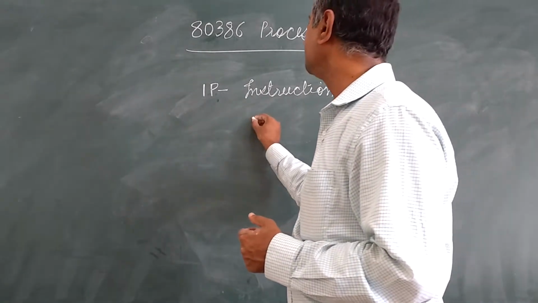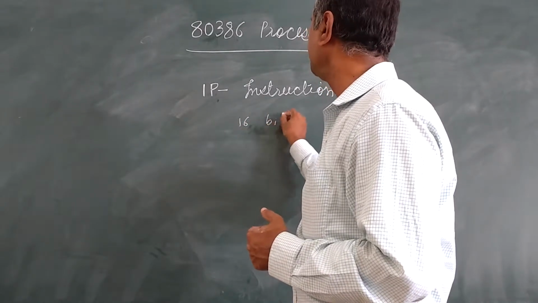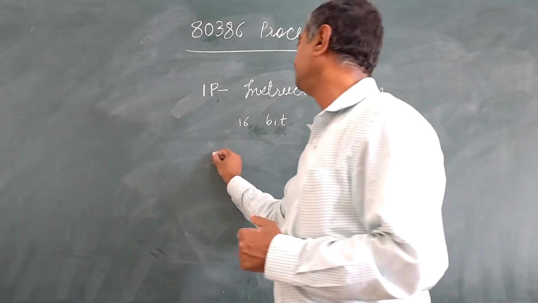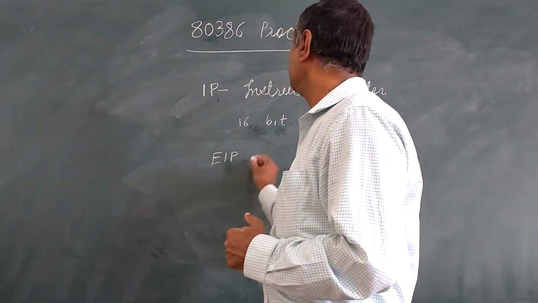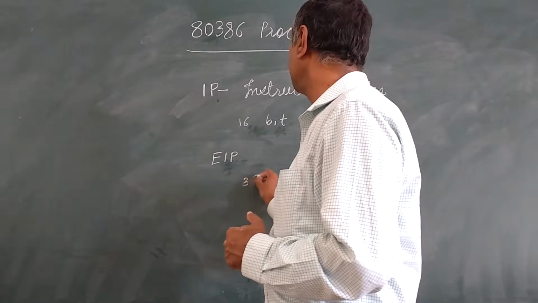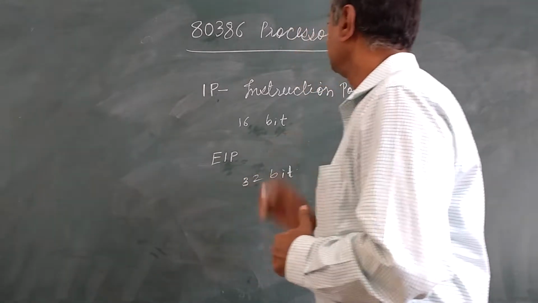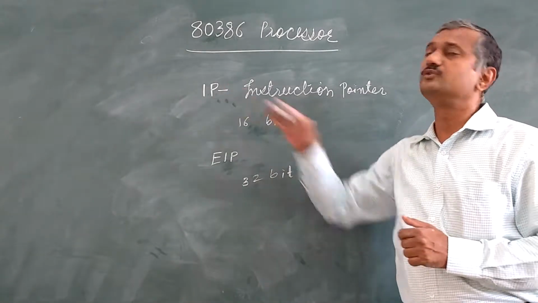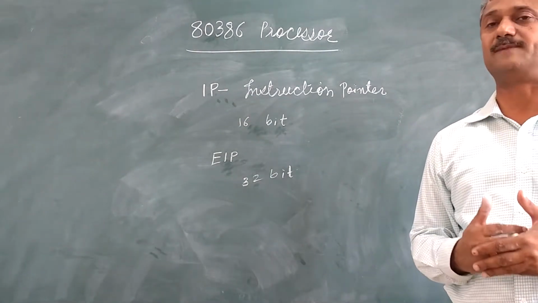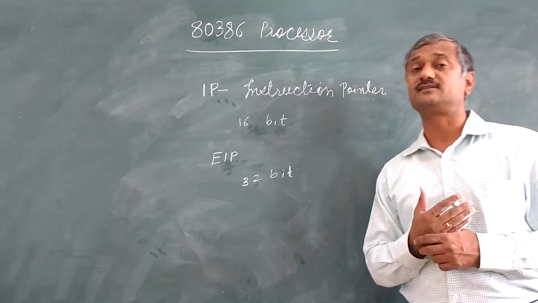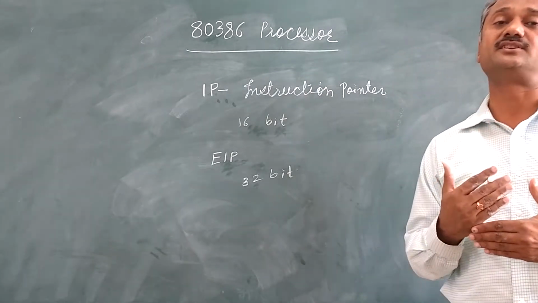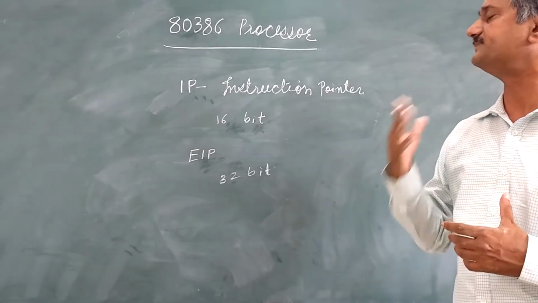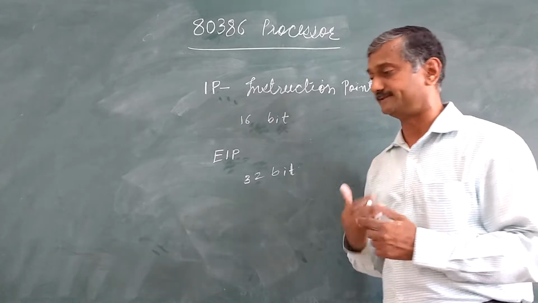IP is a 16-bit register when operating in real mode, and it is extended IP, which is a 32-bit register. So this instruction pointer is used for sequencing the execution of the program. It means your system decides which is the next memory address from where the instruction has to be fetched. We are going to learn how this particular address is computed later.